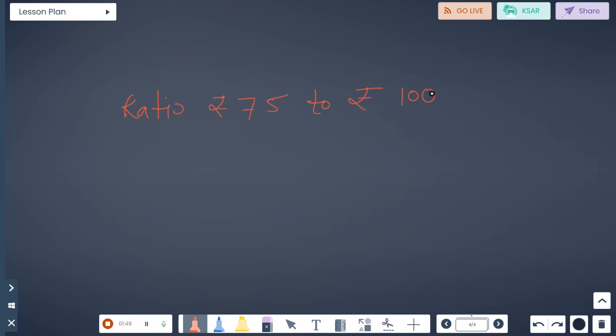This can be written as 75 upon 100 or 75 is to 100. This can be written as 3 upon 4 or 3 is to 4. This is the normal method to write any ratio.